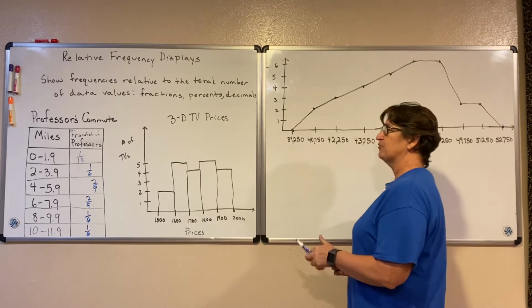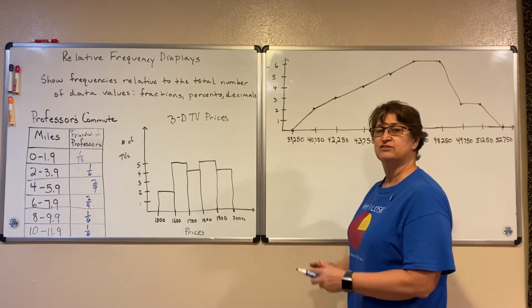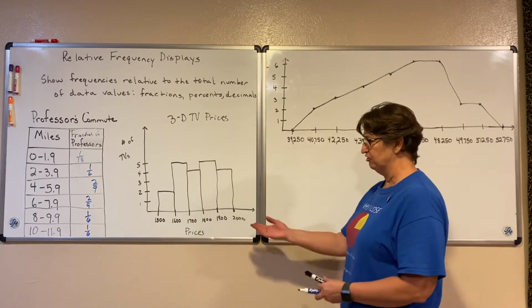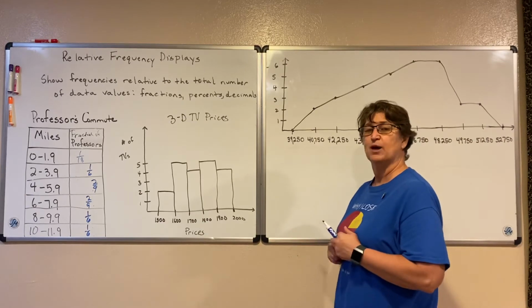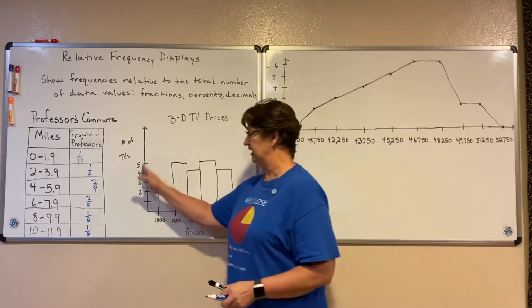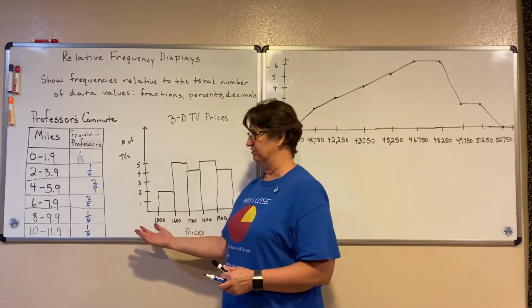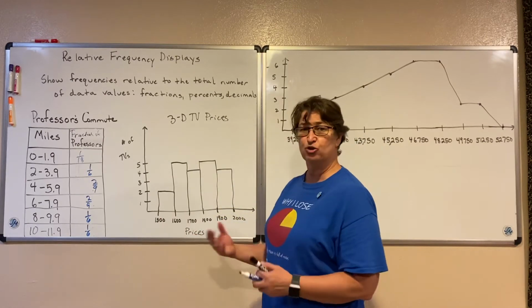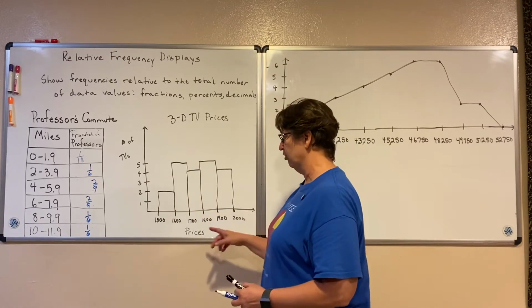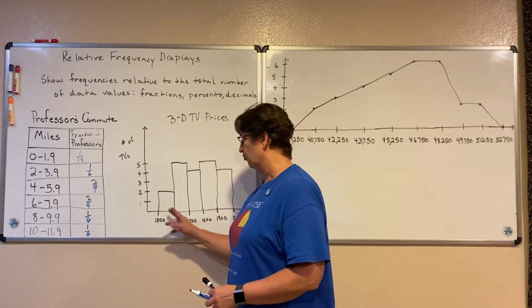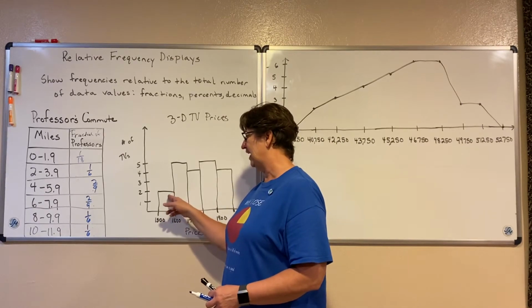I'm going to do the same thing with my 3D prices. I just need the total number in this histogram in order to turn the frequencies into relative frequency. So the first thing I have to do is figure out my total number. Remember that this bar represents 2 data values.